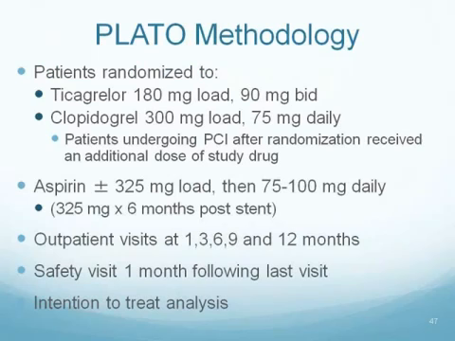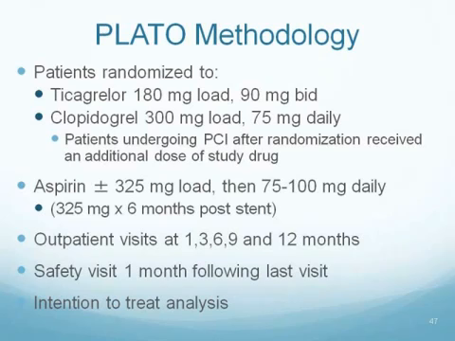The patients were randomized to ticagrelor as a 180 milligram load, followed by 90 milligrams twice a day. The clopidogrel dosing was 300 milligram load, followed by 75 milligrams a day. And patients who were undergoing PCI after randomization also received an additional dose of the study drug, whatever that was.